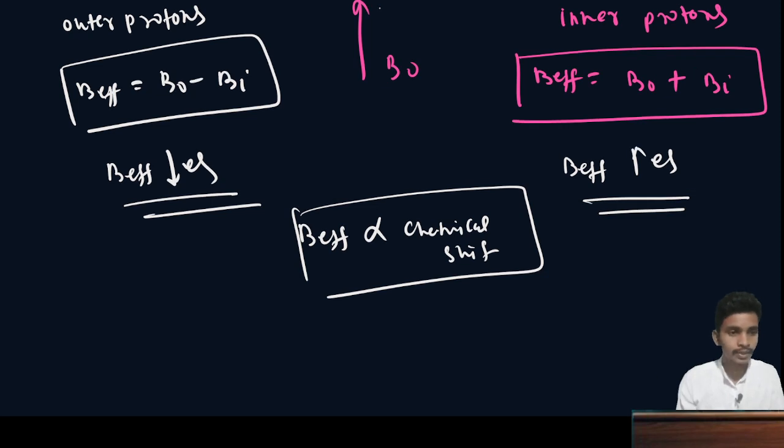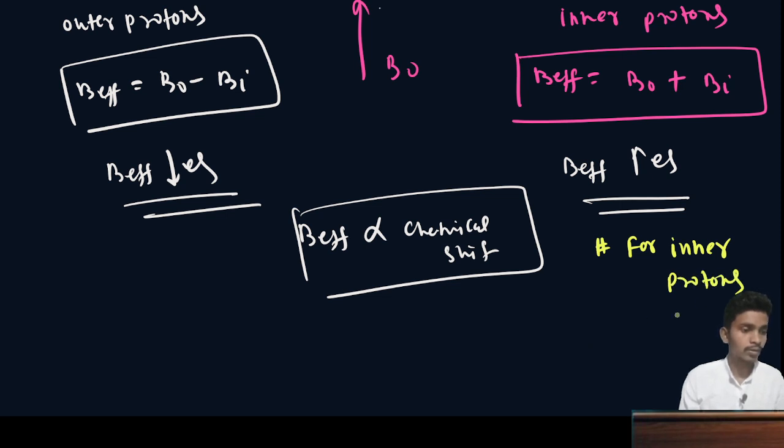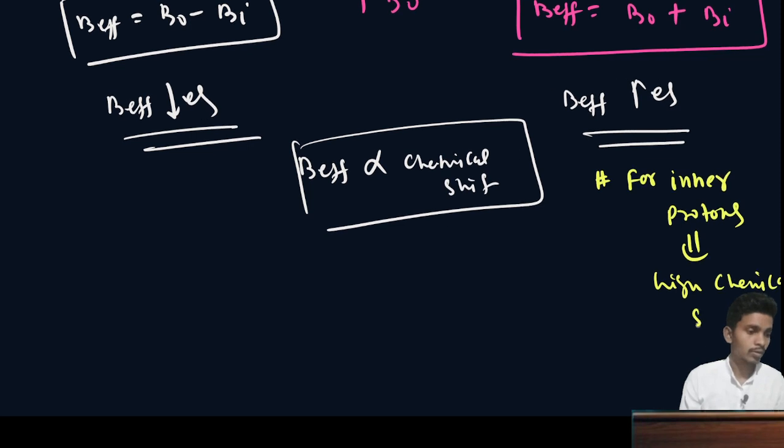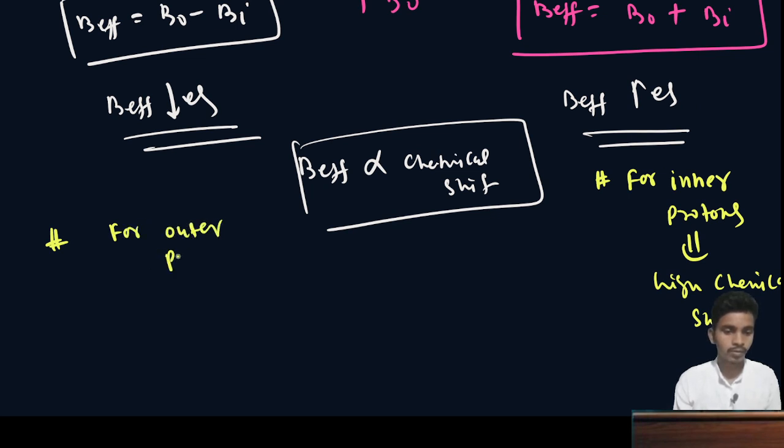So from here I say that inner protons have high chemical shift, and outer protons have low chemical shift.